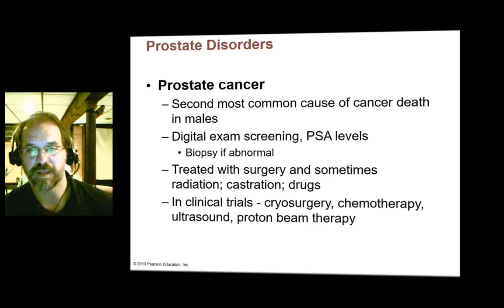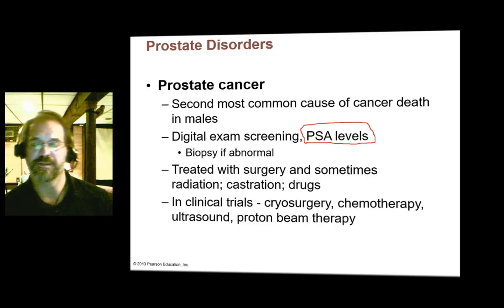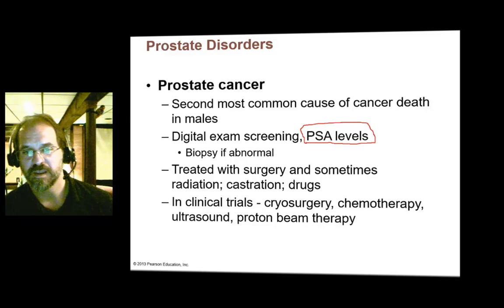Prostate cancer, obviously only in males, is the second most common cause of death from cancers in the United States. This is something that clinicians will track: PSA levels, prostate-specific antigen. This protein that is a marker of prostatic health can appear in the blood, and you will always have some in the blood to one level or another.